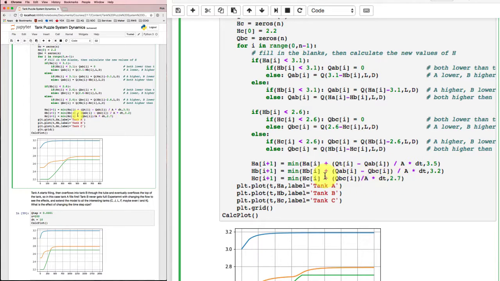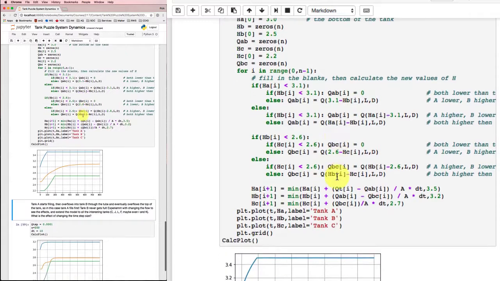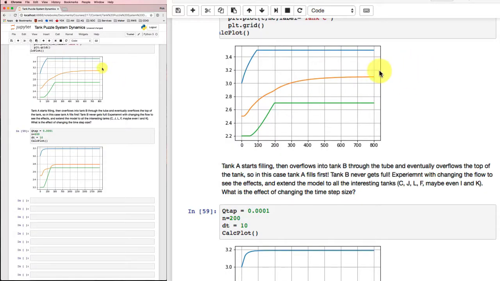So now we can plot the values and see what comes out if we run this function. It's a little long and tedious, but the concepts are really pretty simple. And here's what comes out. Tank A is filling the way it was before and eventually overflows at 3.5 meters.